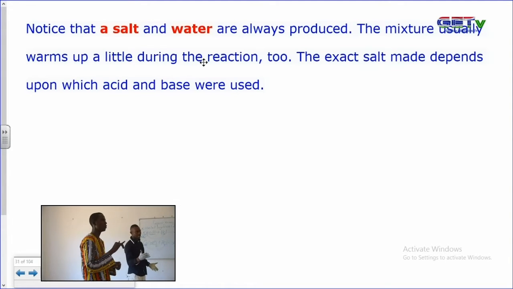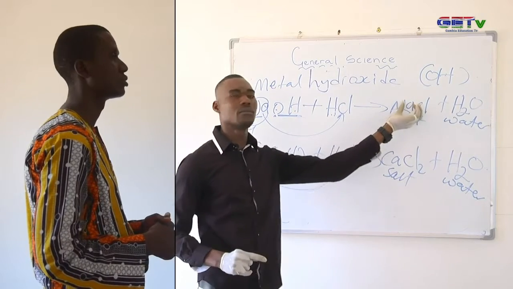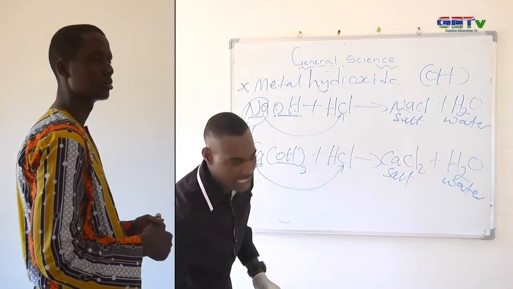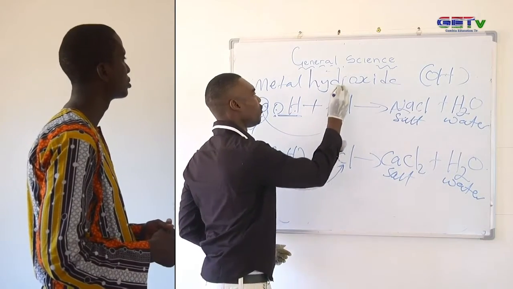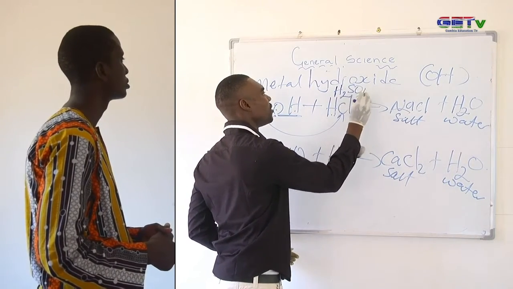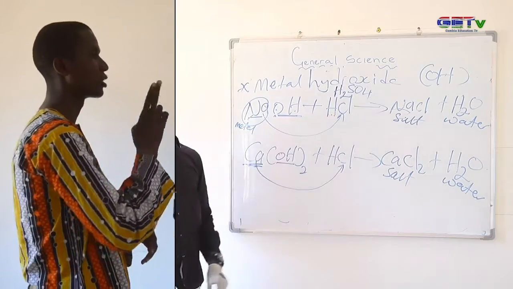The exact salt made depends on which acid and base were used. If you use a base with sodium metal and an acid like hydrochloric acid, you will have sodium chloride. If you now use H2SO4 instead of hydrochloric acid, what are you going to have?